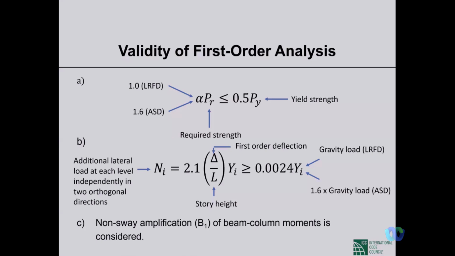And in the design, we will also have to consider the end moments, and we have to amplify the stresses, considering the P small delta effect. So we are considering second order effects. The code compels us to do so in an indirect way. And after doing all these, we have to ensure that alpha PR is less than 50% of yield strength. In that case, we can go for first order analysis.